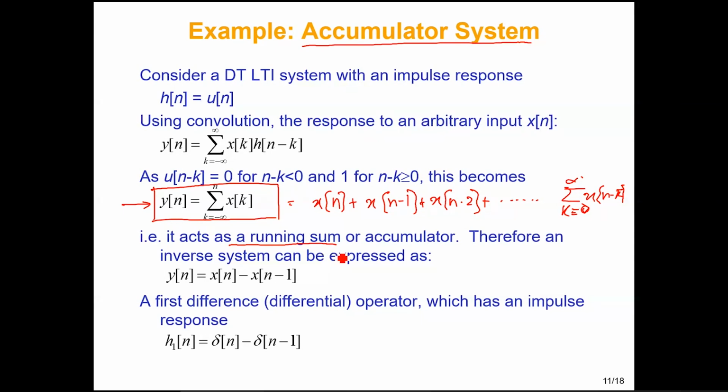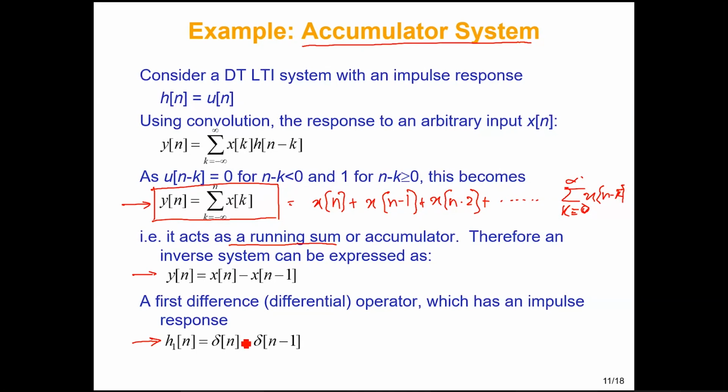So if we have to find an inverse system for an accumulator system, you will see that an inverse system would be something like this. First difference, and we can just see h1 as this.